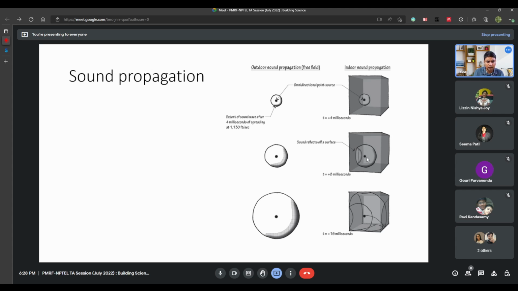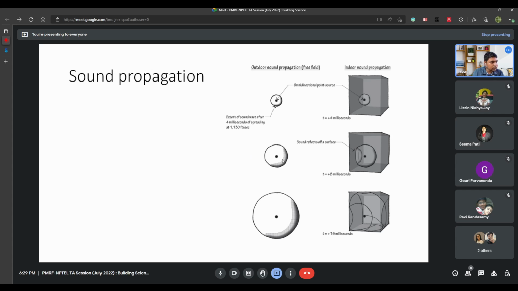Based on that, you can determine in how many milliseconds sound will reach a point. In this propagation diagram, you can see that after 16 milliseconds, the sound reflects maybe around 10-15 times, hitting here and there.